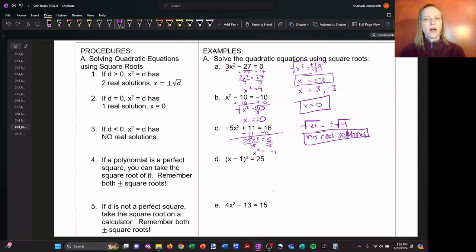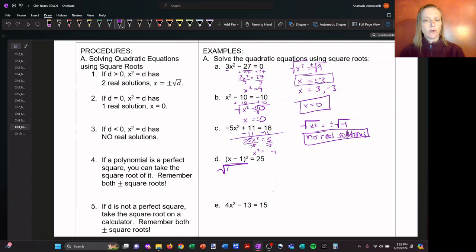First of all, this polynomial is written as a binomial squared term. If you can write a polynomial as a perfect square, you can take the square root of this whole side.